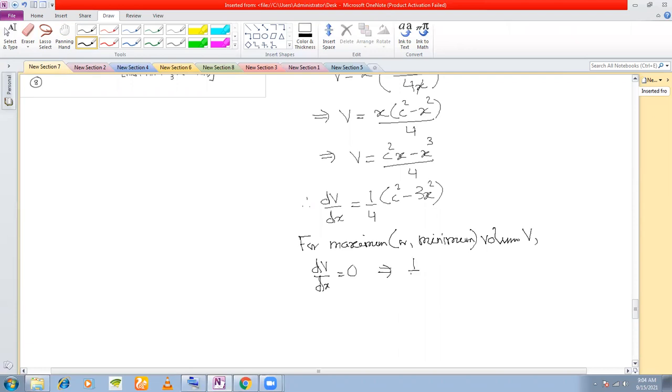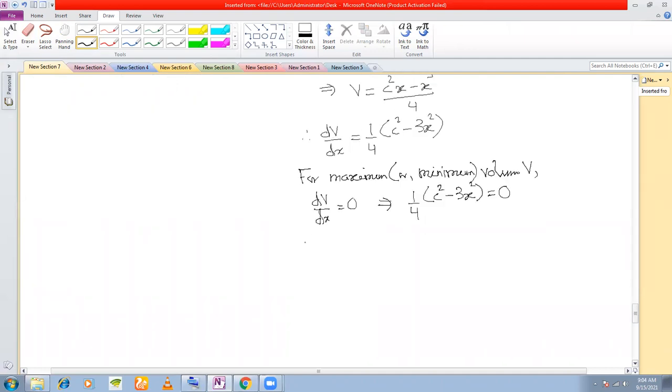That means 1/4 (c square minus 3x square) is equal to 0. That means c square is equal to 3x square, so x square is equal to c square by 3, that means x is equal to c by root 3. So at x equal to c by root 3, volume is going to be maximum or minimum.